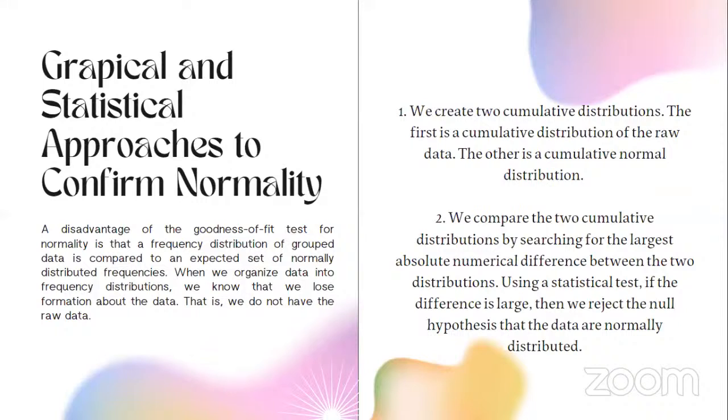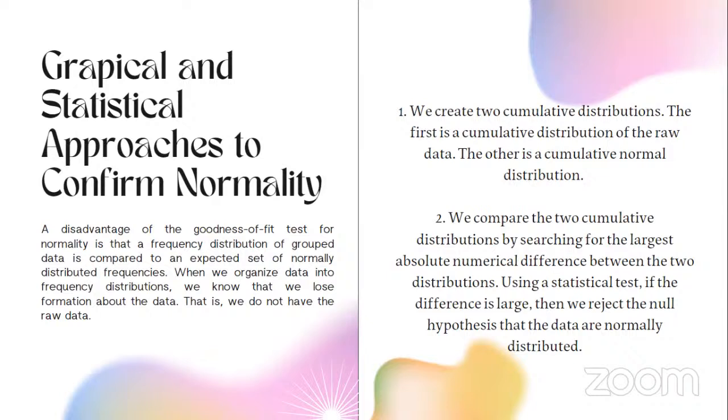Graphical and statistical approach to confirm normality. A disadvantage of a goodness of fit test for normality is that the frequency distribution of grouped data is compared to an expected set of normally distributed frequencies. When we organize data into a frequency distribution, we know that we lose information about the data. That is, we do not have the raw data. For that, we can create two cumulative distributions.